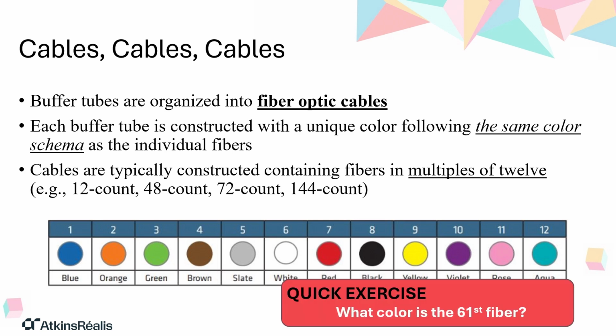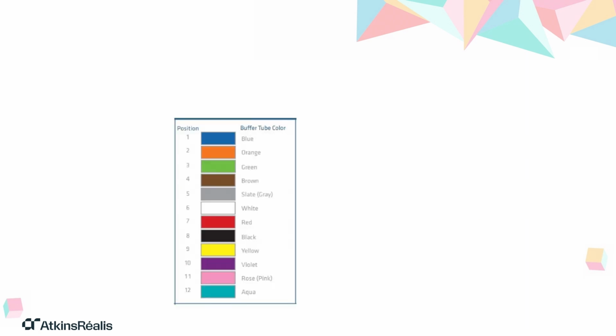Now, let's just do a quick little brain exercise. If I asked you what is the color of the 61st fiber, how would you go about figuring that out? We would first start by thinking about our multiples of 12. The 61st fiber means that we would have 5 repeating iterations of the complete buffer tube: blue, orange, green, brown, slate, white, red, black, yellow, violet, rose, aqua.